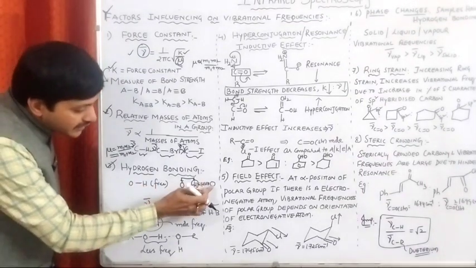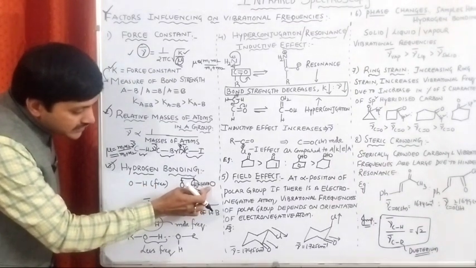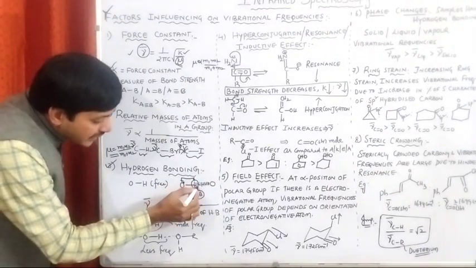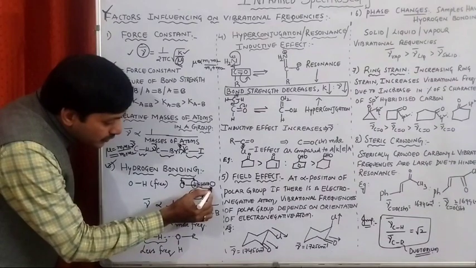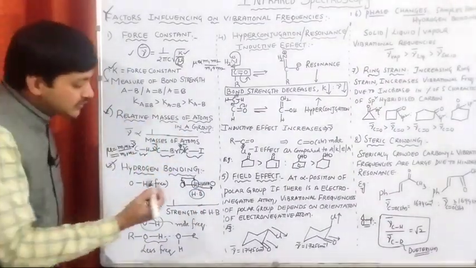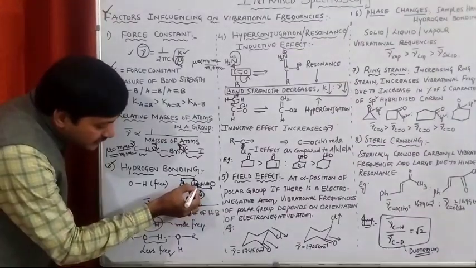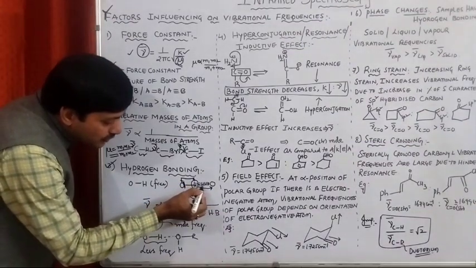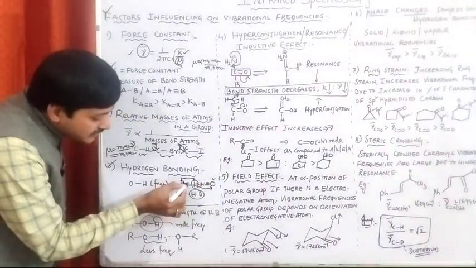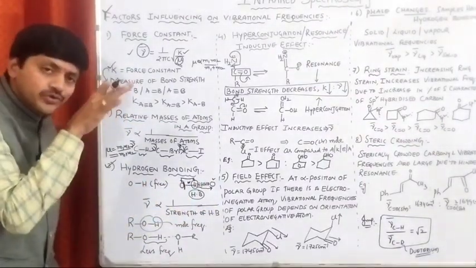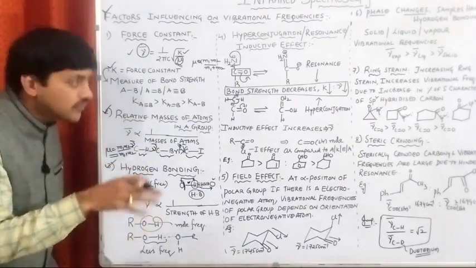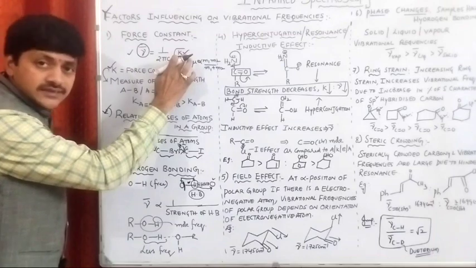Now what is happening? The other oxygen atom is influencing this hydrogen. It means that this hydrogen also wants to move towards that particular oxygen or not? So if the hydrogen is willing to move towards the second oxygen, what will happen? The strength of this bond is going to decrease or not? The strength of the bond decreasing means force constant value is decreasing or not?